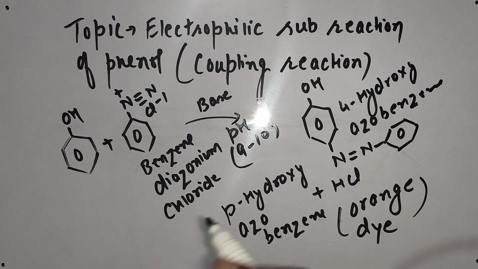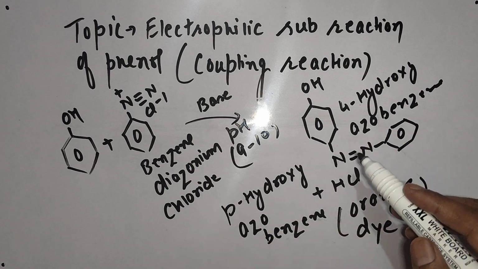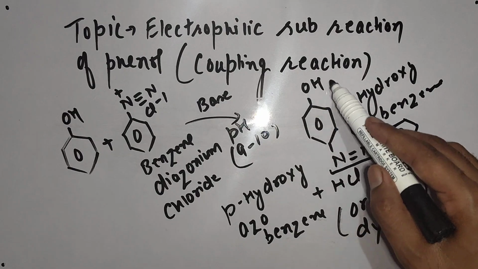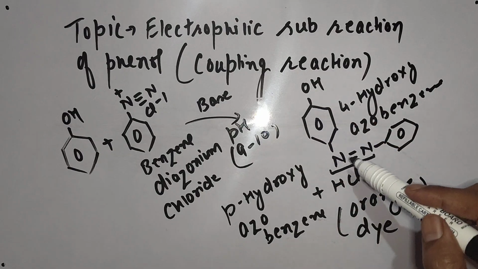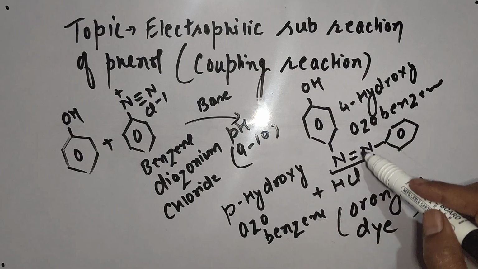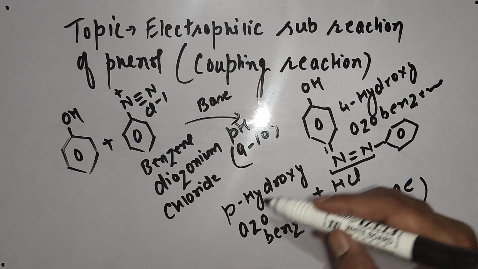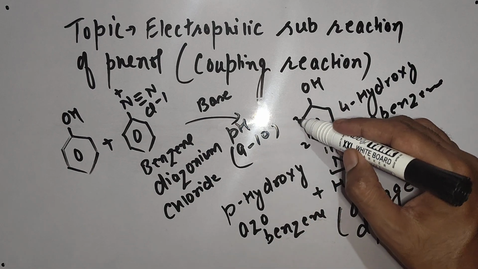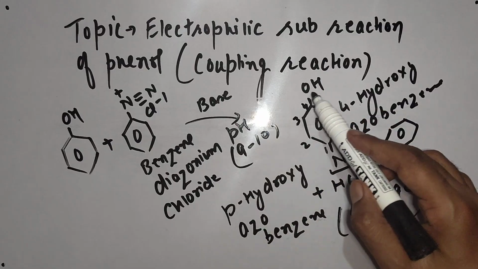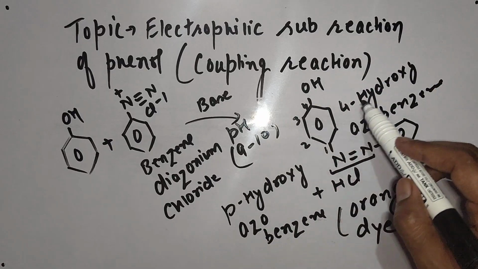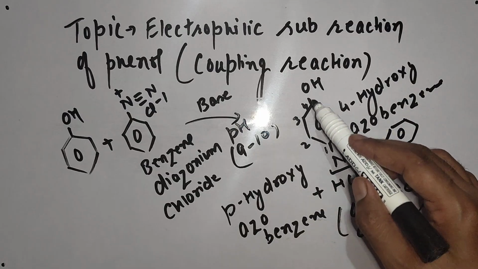Now, first of all, the naming. This is the azo functional group and this is the OH functional group. Here the main functional group will be the azo functional group, so priority will be given to it, number one to it, then 2, 3, 4. This means the OH functional group is working as a side functional group, so we will call it hydroxy, position 4.